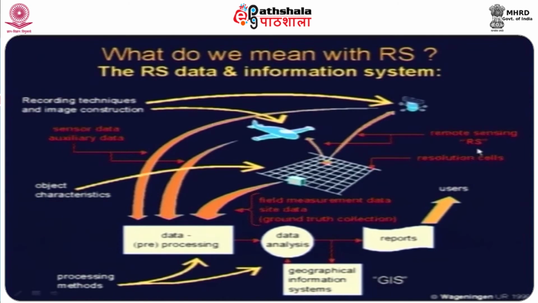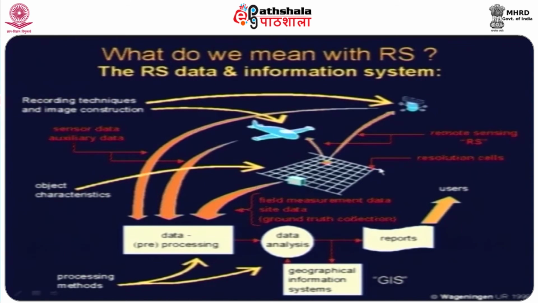For one single band we get this many cells. If I have 4 different bands in the satellite, obviously for the same area I will get 4 different sets of data. That is the crux of remote sensing.